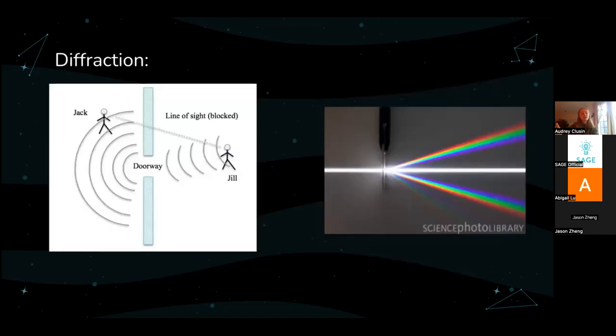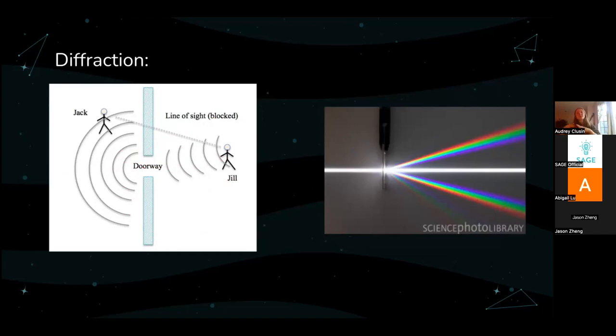Diffraction is also a property of a wave. When waves are moving, they travel outwards radially. And then if they go through a small opening, in this example, sound waves traveling through a small area, the doorway, they travel through the doorway at this angle, but then they end up radiating outwards in the same way that they did when they were first produced.